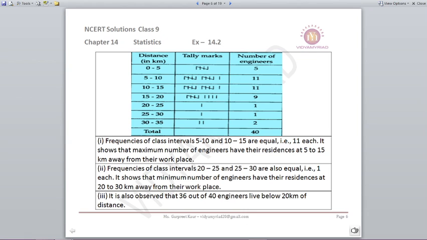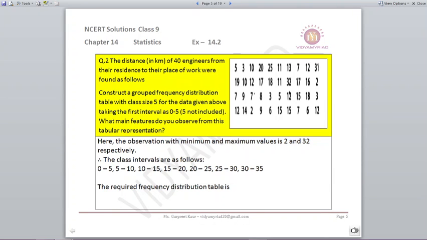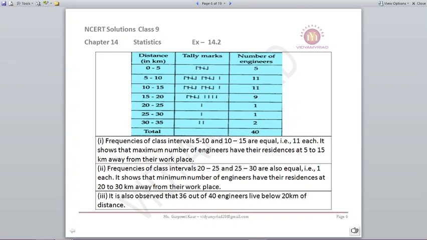Based on this, I will put the tally marks and write the number of engineers for each interval. Now the question is, what main features do you observe from this tabular representation? According to this, if you see, 11 is coming 2 times. So the frequencies of class intervals 5 to 10 and 10 to 15 are equal, that is 11 each, and it shows that the maximum number of engineers have their residence 5 to 15 kilometers from their workplace.